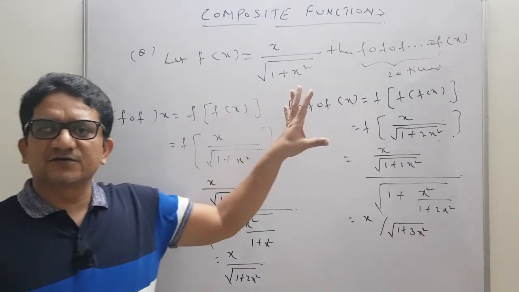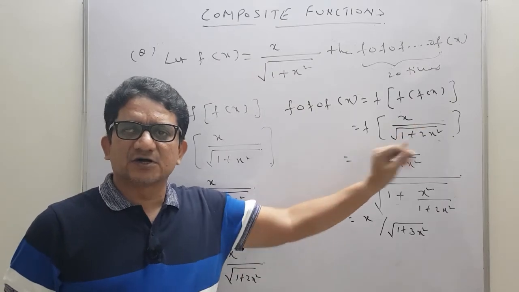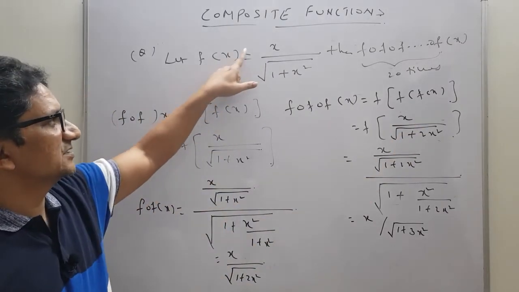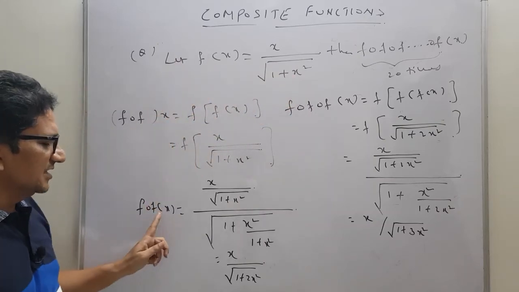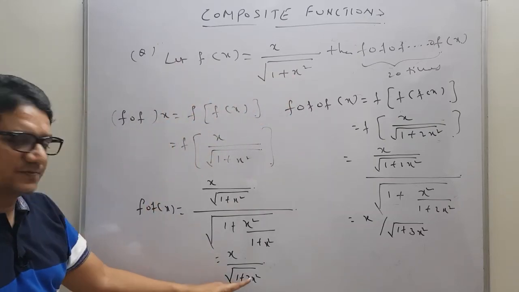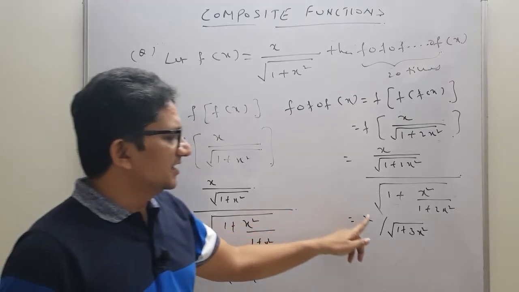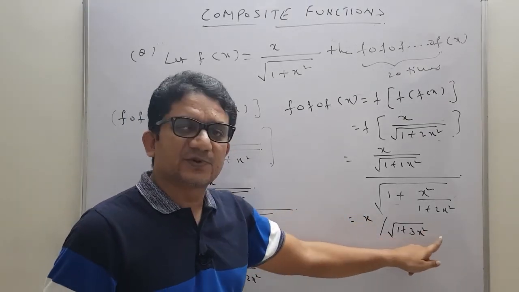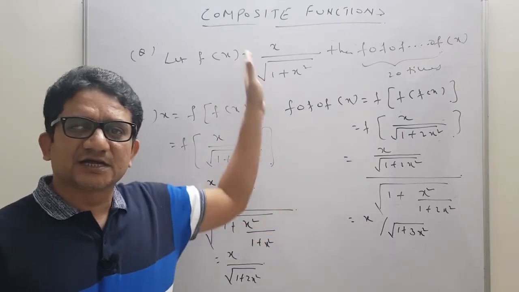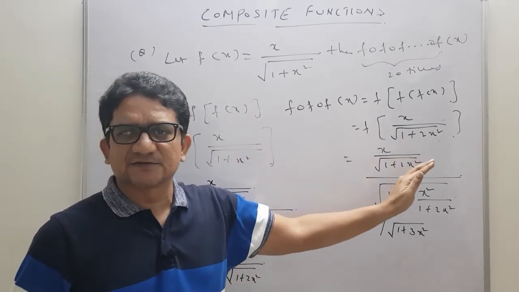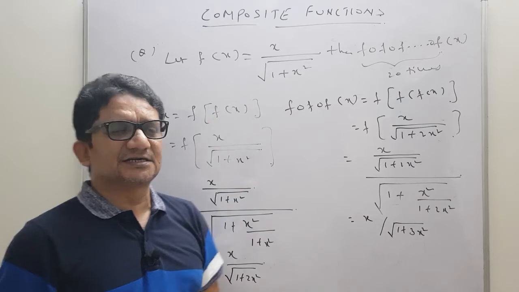Now if you compare all the results we got: f of x is x by root of 1 plus x square, f circle f of x is x by root of 1 plus 2x square, and here we are getting x by root of 1 plus 3x square. For 1 time, 2 times and 3 times, the numerator is not changing, and there is a slight change in the denominator.